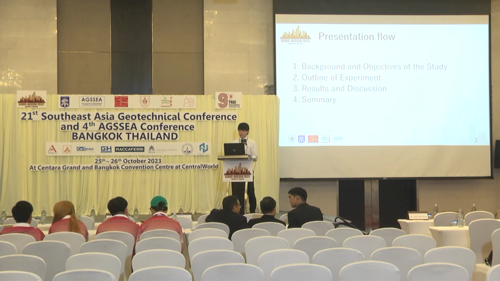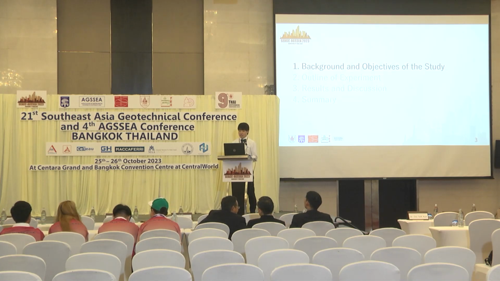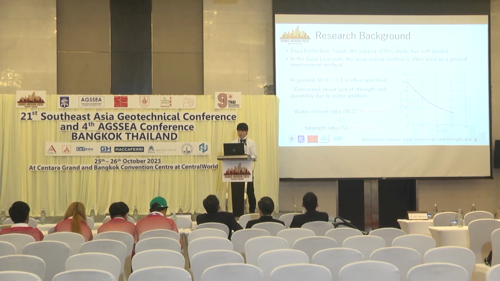The flow of the presentation is as shown in the slides. First, I will explain the background and purpose of the study. I am researching soft ground in Saga, Japan. In the Saga lowlands, the deep mixing method is often used as a ground improvement method.